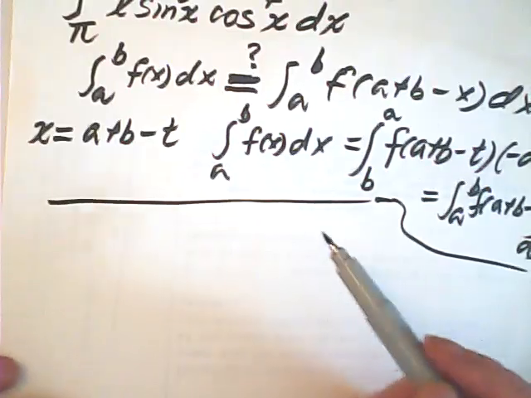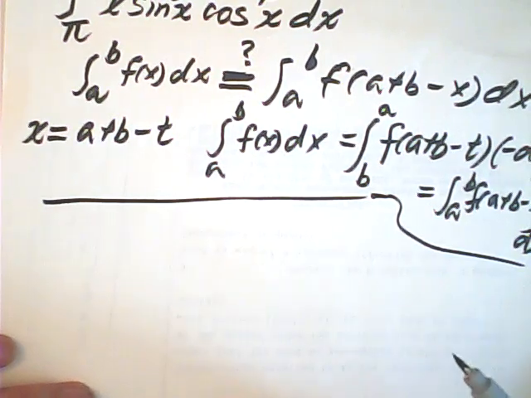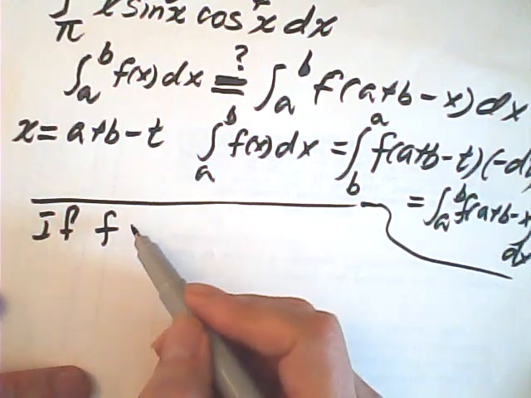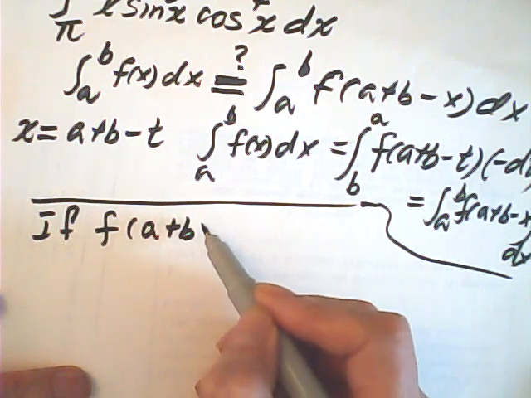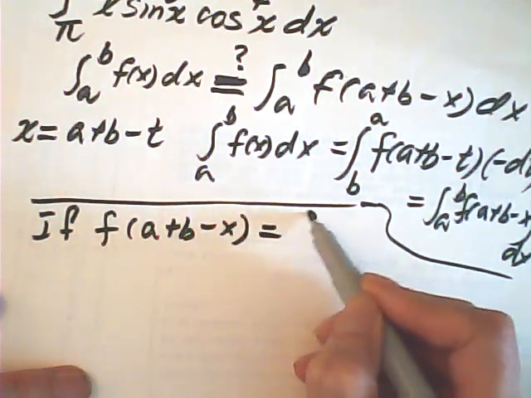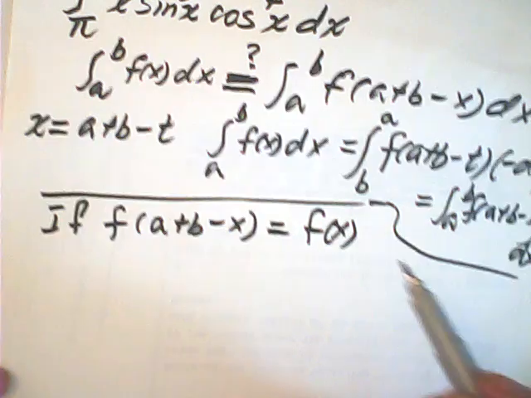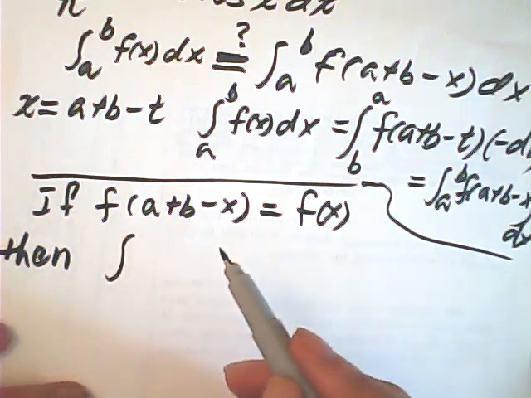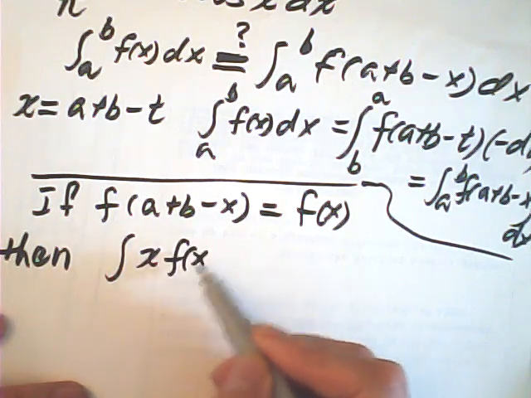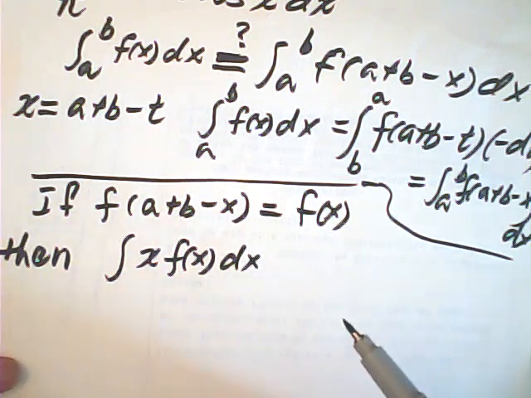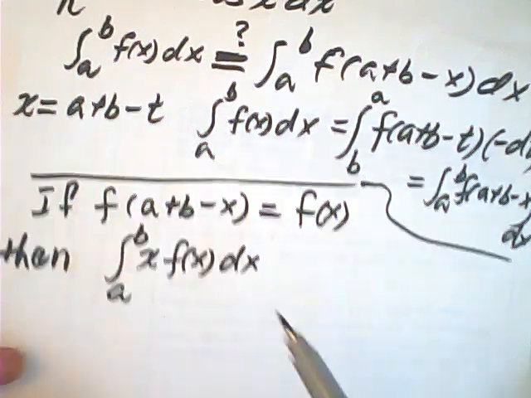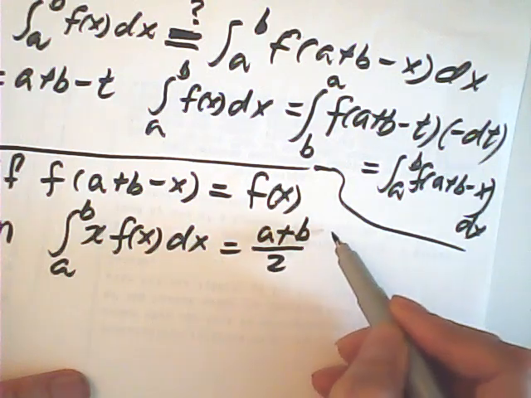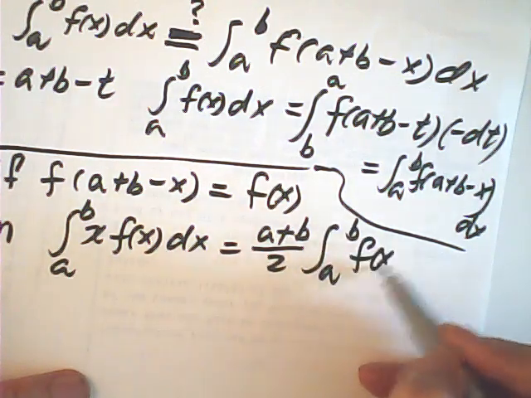Now let's prove the second property. The second property is this. If f of a plus b minus x is equal to f of x, then the integral of x f of x dx from a to b will be equal to a plus b over 2 times the integral from a to b of f of x dx.